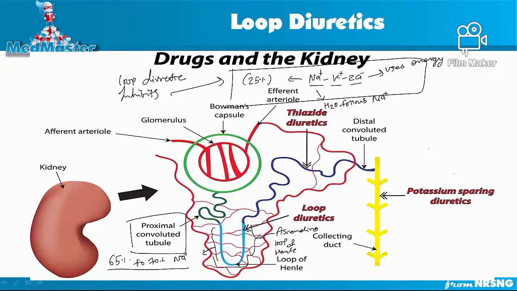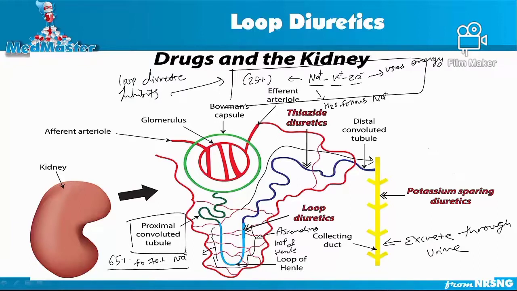If you look at it here, from the ascending loop of Henle, it's going to go to the collecting ducts, and from there it's going to get excreted through urine. So sodium, water, potassium, and chloride are all going to get excreted through the collecting ducts without being reabsorbed, since loop diuretic inhibits the pump.